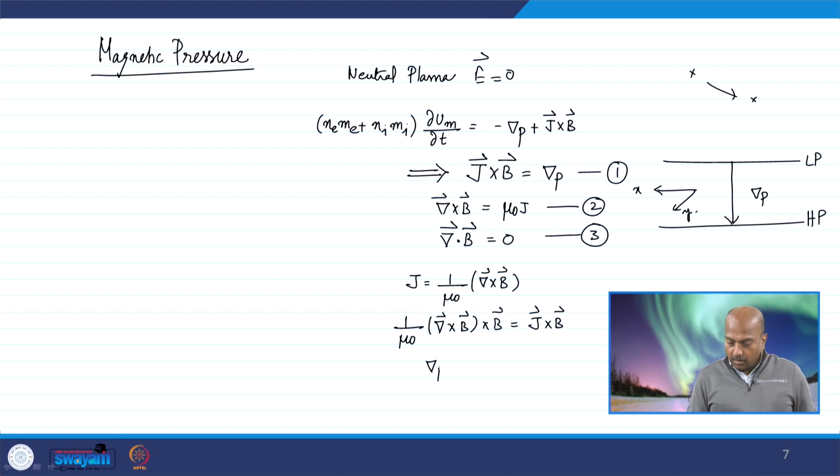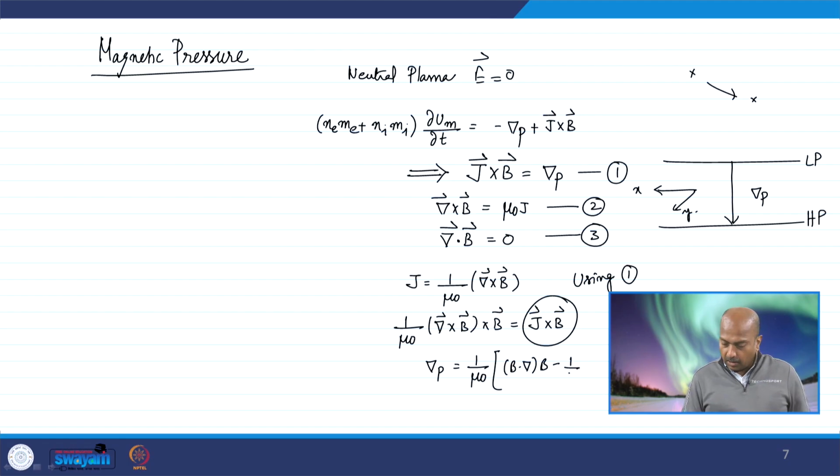So using 1, del P, resolving the triple vector product, we can write 1 by mu naught B dot del times B minus half del B square.